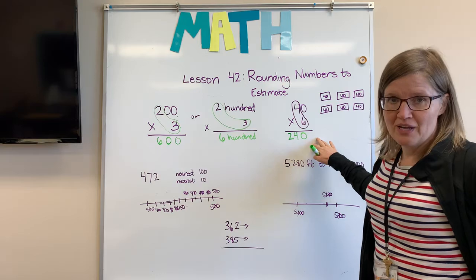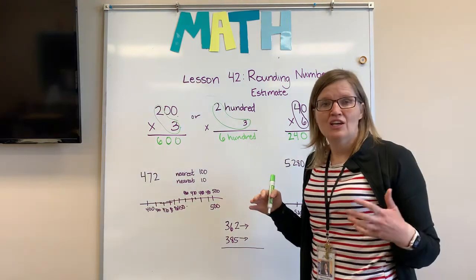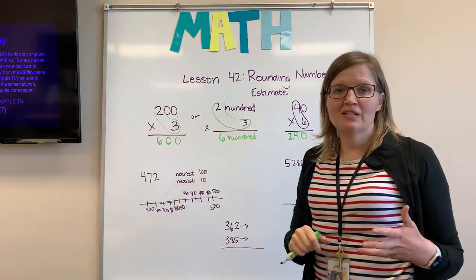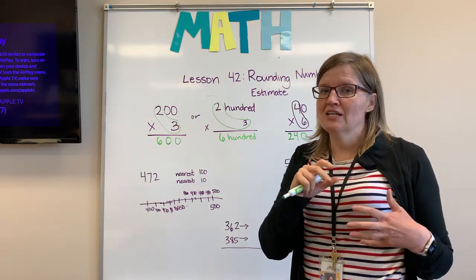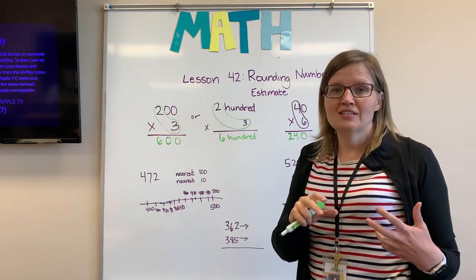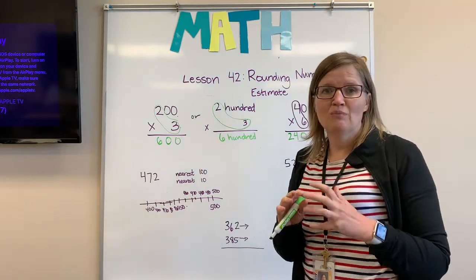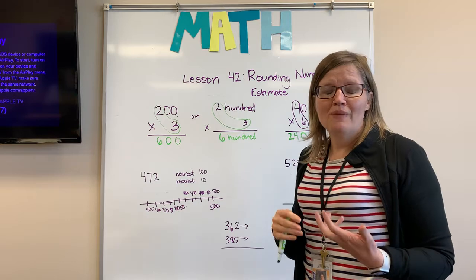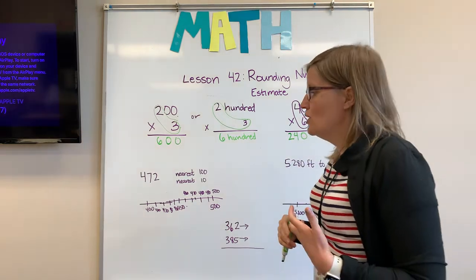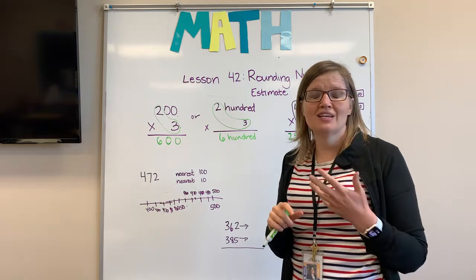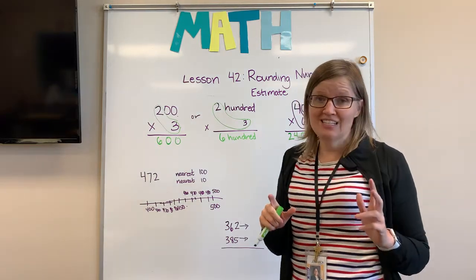So this becomes really helpful because you can take a number. I'm at the grocery store, something's going to be $6.99. I can round up and say it's $7, and I can multiply it. Or if I'm at the grocery store and I'm wanting to buy 3 things, each one is $19.